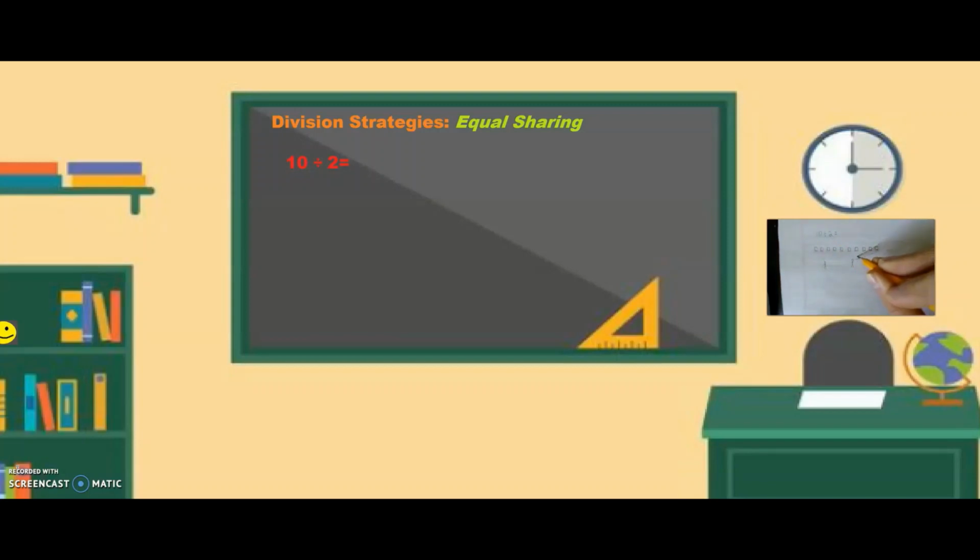So you have 1, 1, 2, 2, 3, 3, 4, 4, 5, 5. They each have 5. He has 5, she has 5. 10 divided by 2 equals 5 each. If they're splitting up 10 presents among 2 people, they would each get 5.